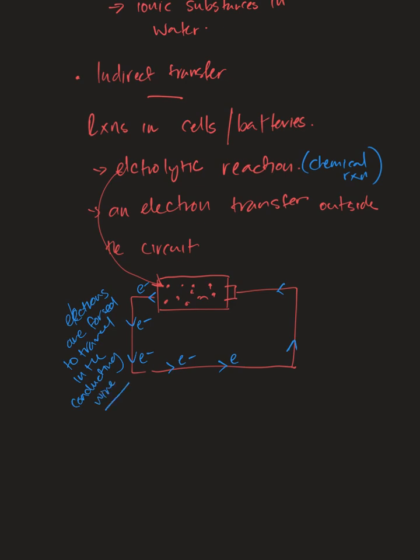So by doing that, we have an indirect transfer of electrons because they don't originate from the original position inside of the battery. They start inside of the battery and then we go from chemical into this thing, which is electrical. Right, so those are the two types of transfers that we're looking at.